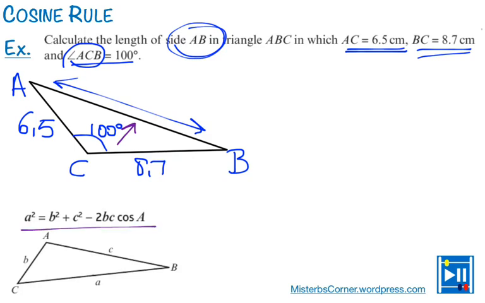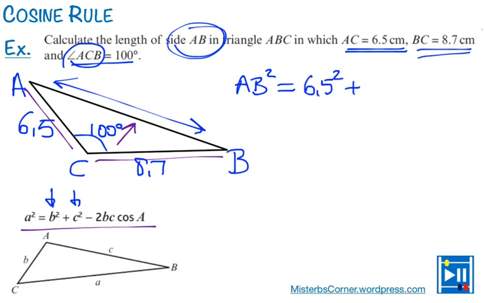So I can just use this cosine rule and go like AB squared equals, now it doesn't matter which is b, which is c here, as long as I use the arms of the triangle, right? So I'm gonna go like 6.5 squared plus say 8.7 squared minus 2 times 6.5 times 8.7.